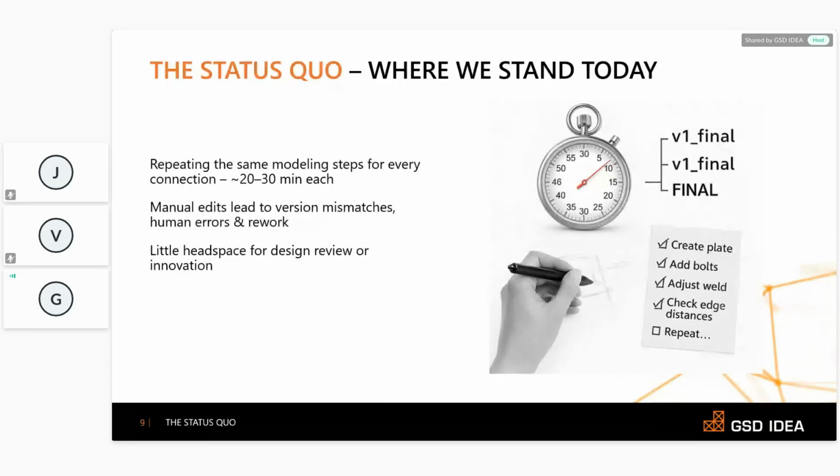It becomes more about getting it done than improving the connection design. So that's the status quo. It works, but it's far from efficient, and that's exactly what we are going to change with parametric templates.